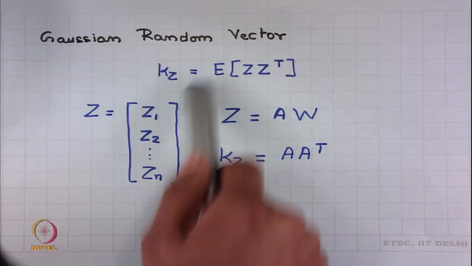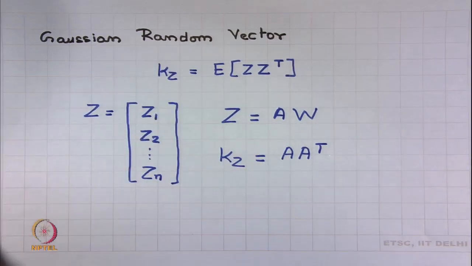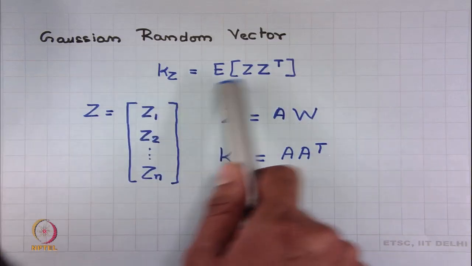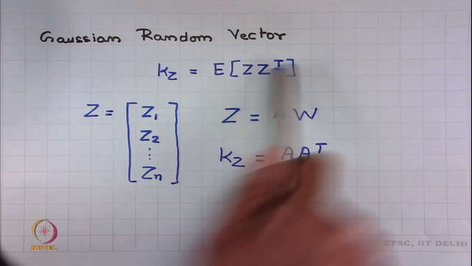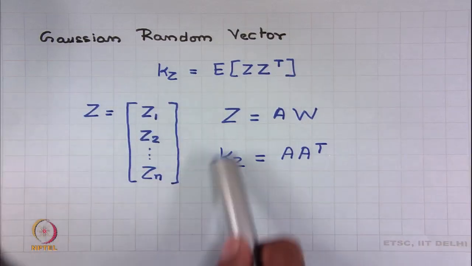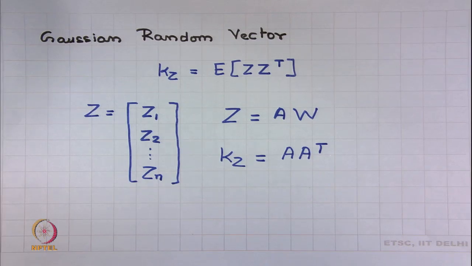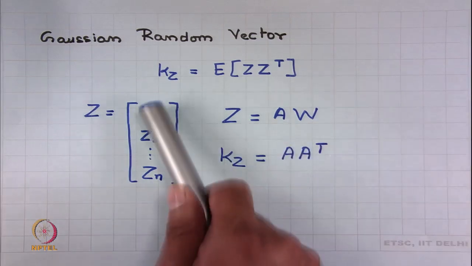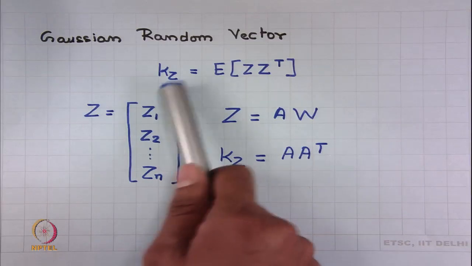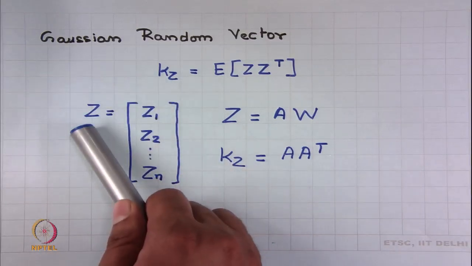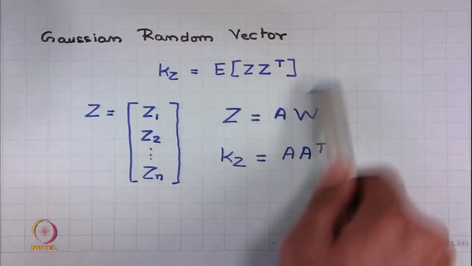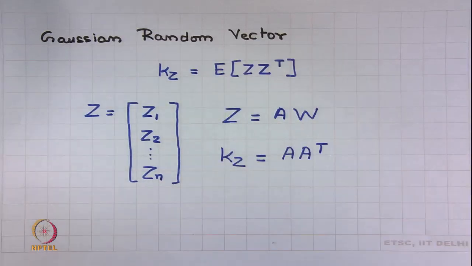We have defined the covariance of a Gaussian random vector, which is given by the expected value of Z into Z transpose. Remember that in the last lecture and in today's lecture we always assume random variables to be with 0 mean, and if these random variables are with 0 mean, then the covariance of this random vector Z can be simply obtained by carrying out this expectation operation.